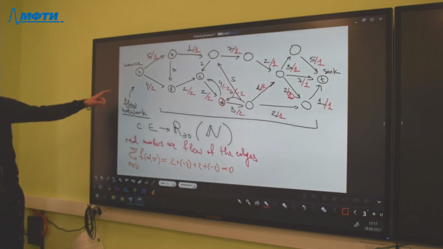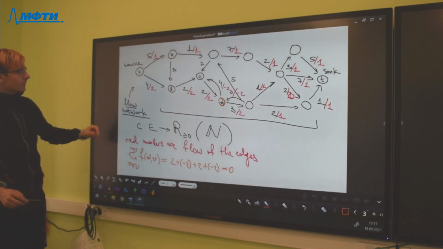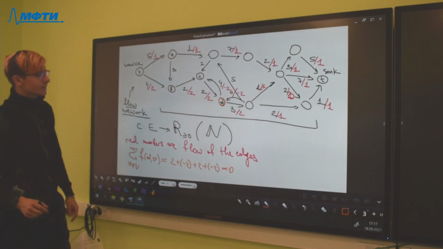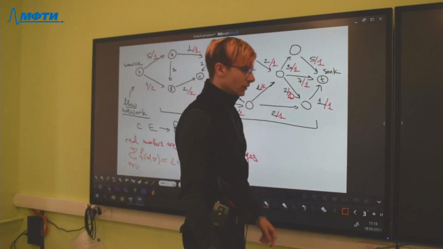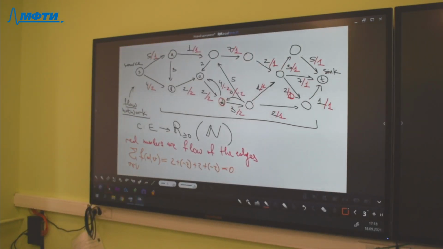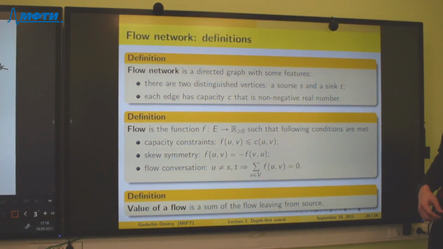But of course, if we look at this source or sink, okay.